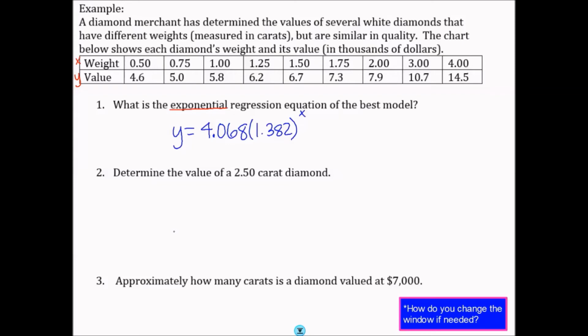Part B says determine the value of a 2.5 carat diamond. So 2.5 was not given as an x value in our chart, but we can use our equation to figure it out. So since 2.5 is a weight, that is an x value, we just need to plug 2.5 in for x.